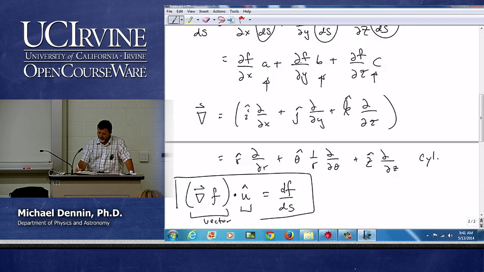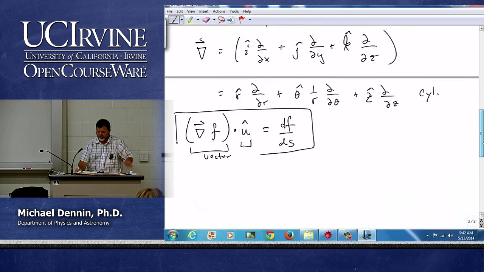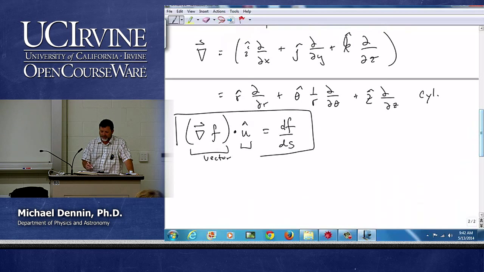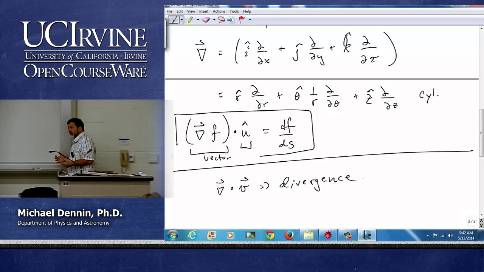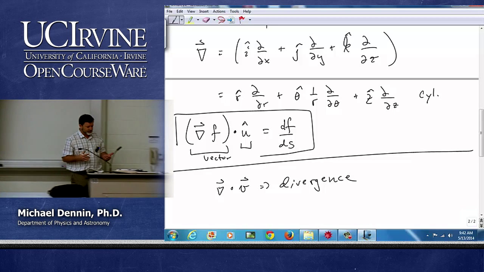Okay? Once we've created this vector operator grad, we now can configure a lot of other derivatives. We can make the divergence, which we're going to come back to in detail. But as I just said, it's a scalar. It's the dot product between two vectors.